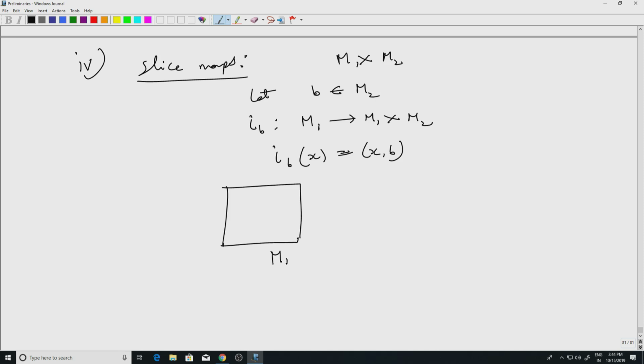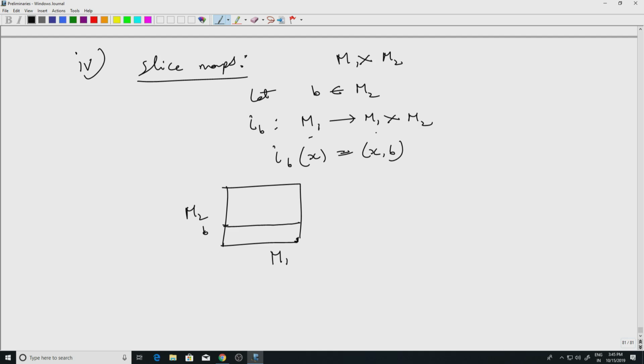Let's say this is M1, this is M2. If I take a point B, for every B in M2, I have a copy of M1. So I have a copy of M1 sitting in M1 cross M2.